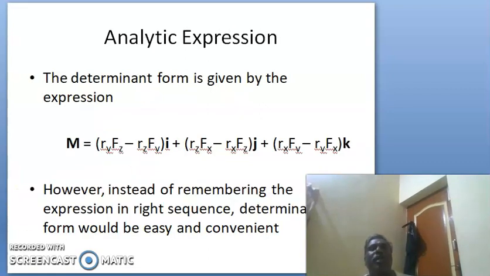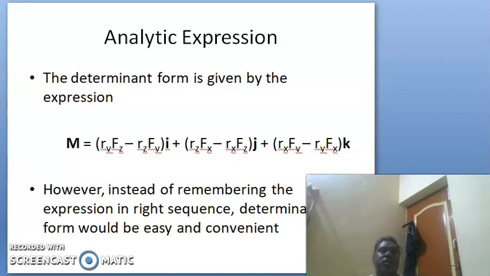So we have an analytic expression for this determinant form, which as a single expression can be given by (ry Fz minus rz Fy) into i plus (rz Fx minus rx Fz) into j plus (rx Fy minus ry Fx) into k. Actually, it is this form that we have already studied when we studied vector operations.